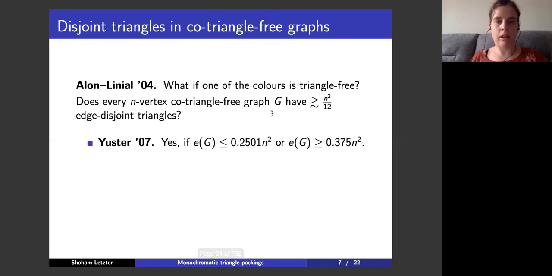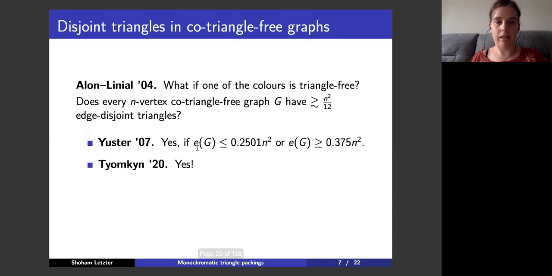And there was some work on this done by Letzter, and he showed that the answer is yes, I can find roughly n squared over 12 edge disjoint triangles in G if either the number of edges is quite close to the extremal number. In the extremal example, the number would be roughly n squared over 4, so this is quite close to it, or if the number of edges is quite far from the extremal number.